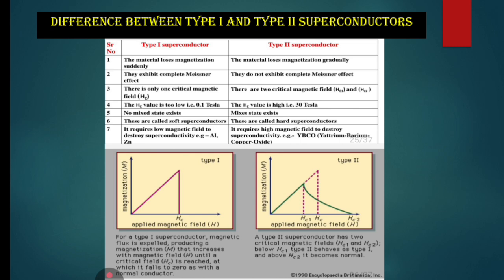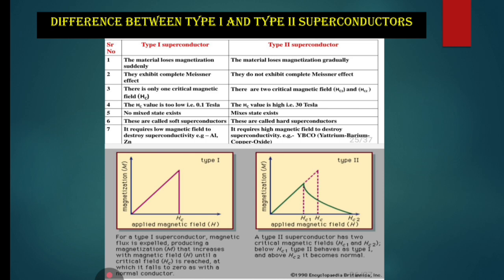They do not exhibit the complete Meissner effect because complete magnetization does not happen. There are two magnetic fields, that is Hc1 and Hc2.